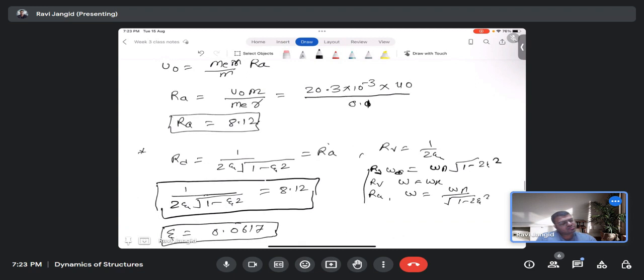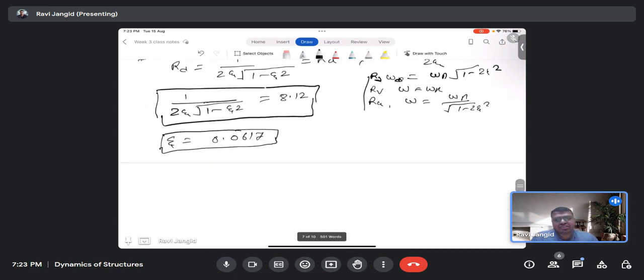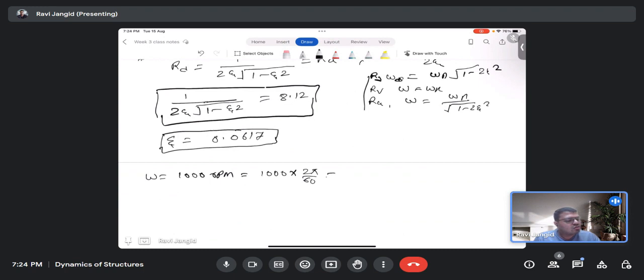Okay, so using this damping ratio, now we find the steady state amplitude with respect to omega, which is 1000 rpm. I can convert it into radians per second, so that will be 1000 into 2 pi by 60. How much will I get? It comes out to be 106.229 radian per second.